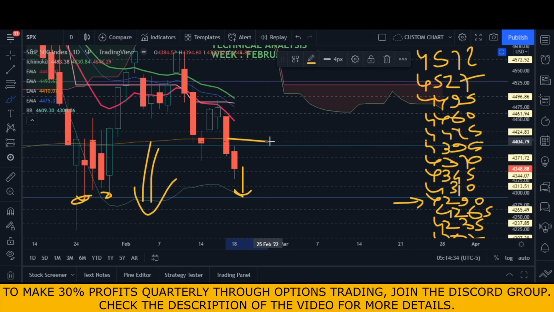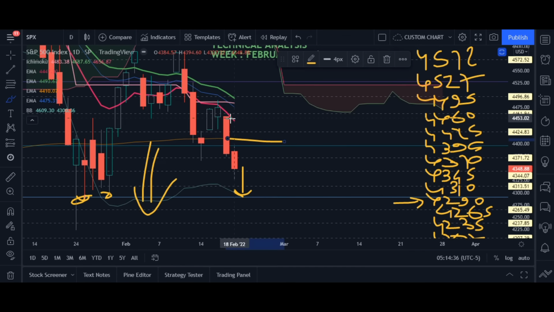This is the 200-day moving average there. These moving averages will be here, hitting the 200-day moving average. All of the moving averages will consolidate around this price, which is 4,400.